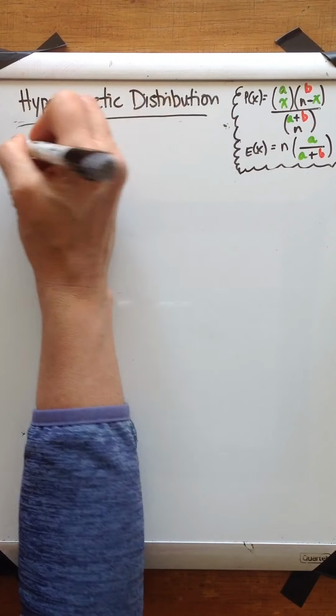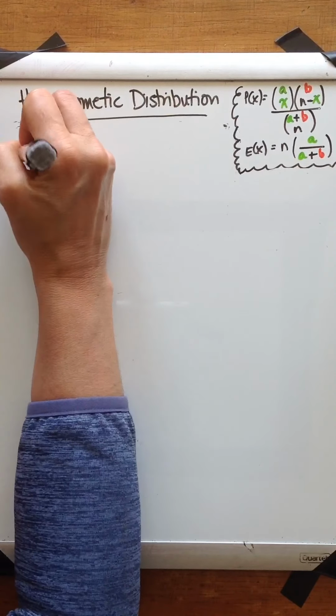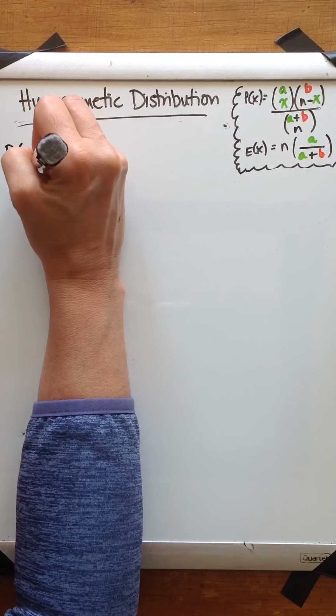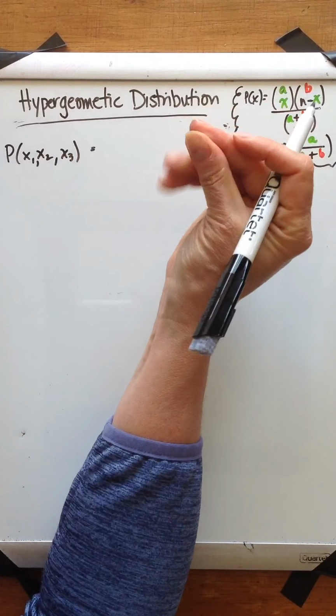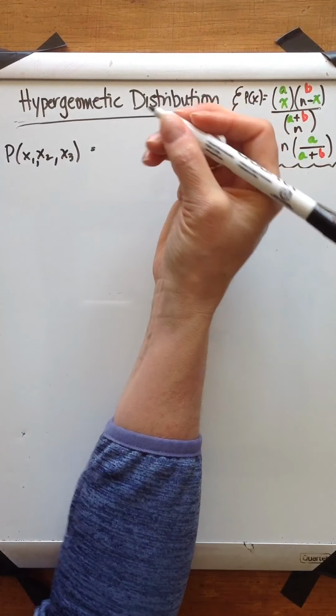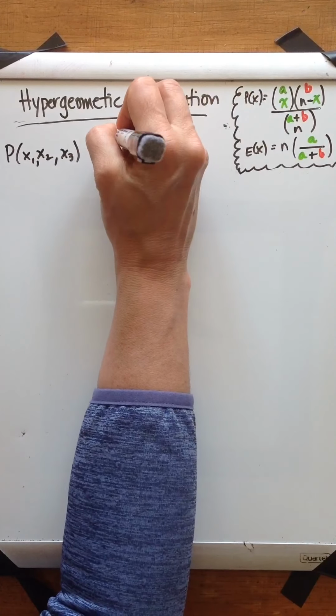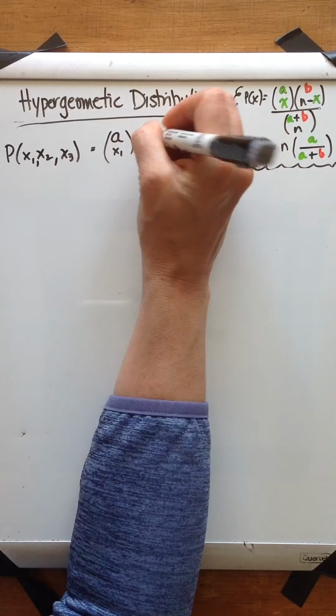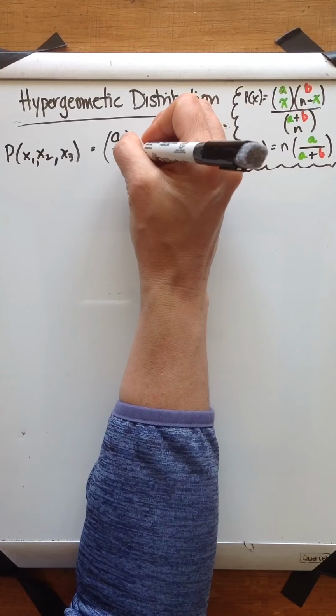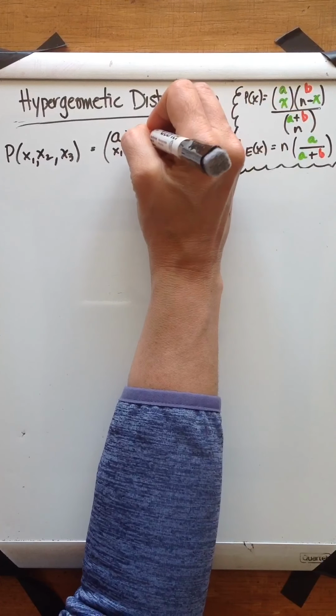Okay? So here's how it extends. And I'll draw it out for you. The probability, and I'm going to show you why there are 3 different x values here, is equal to option 1 and the number of outcomes you have with that option.